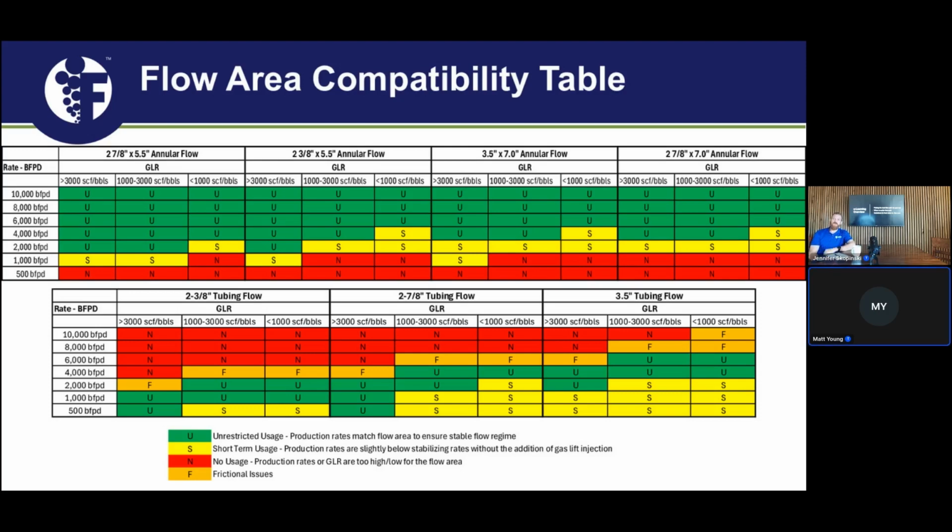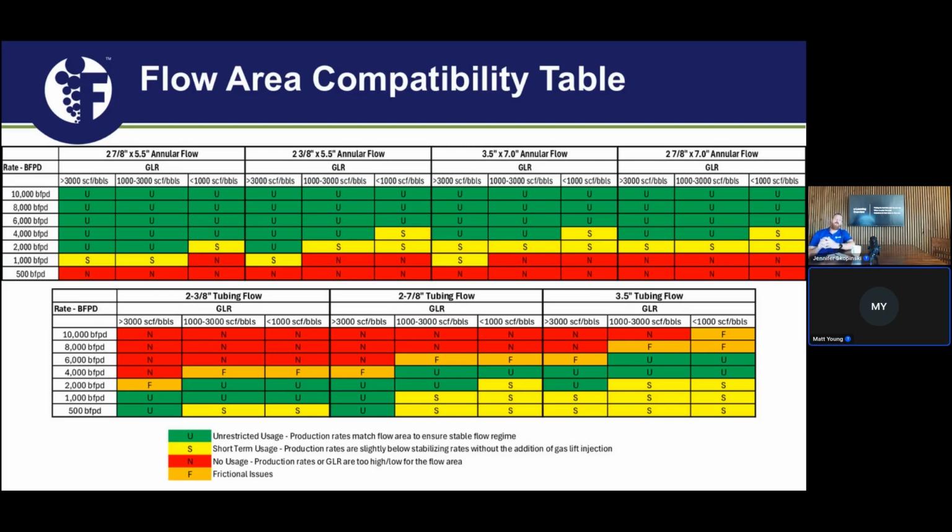One of the other things that I wanted to put together with this was just a really helpful compatibility table, meaning that if we have a general idea of production and TGLR, what's the best flow path for that well type?